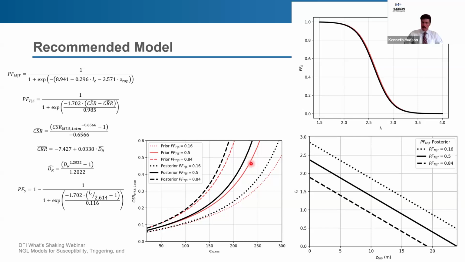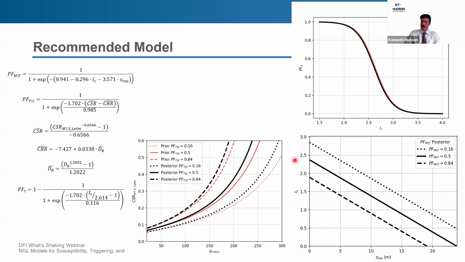And you can see here, as we might expect, it takes a little bit more to trigger a given layer in a field case history rather than in the laboratory. That's what the black being higher than the red here shows. So there are field conditions and in situ conditions that increase that. And then this is what that final manifestation model looks like. We can look at contours of manifestation conditional on triggering.